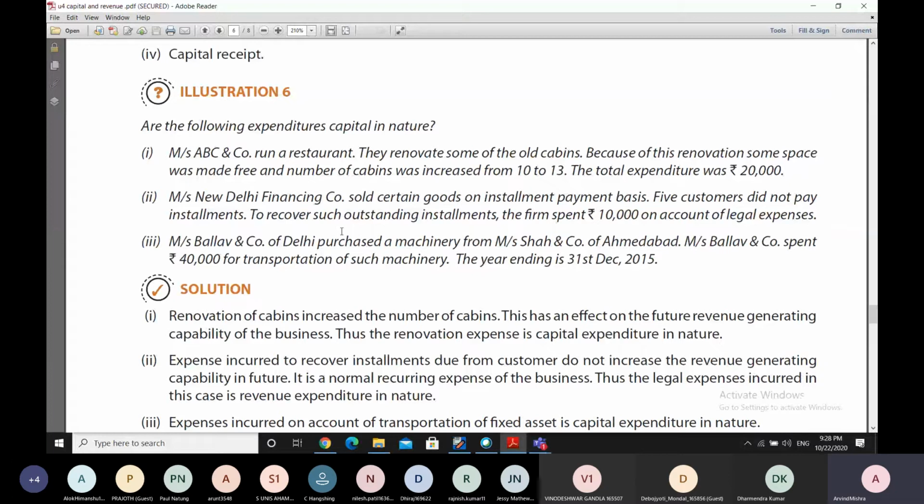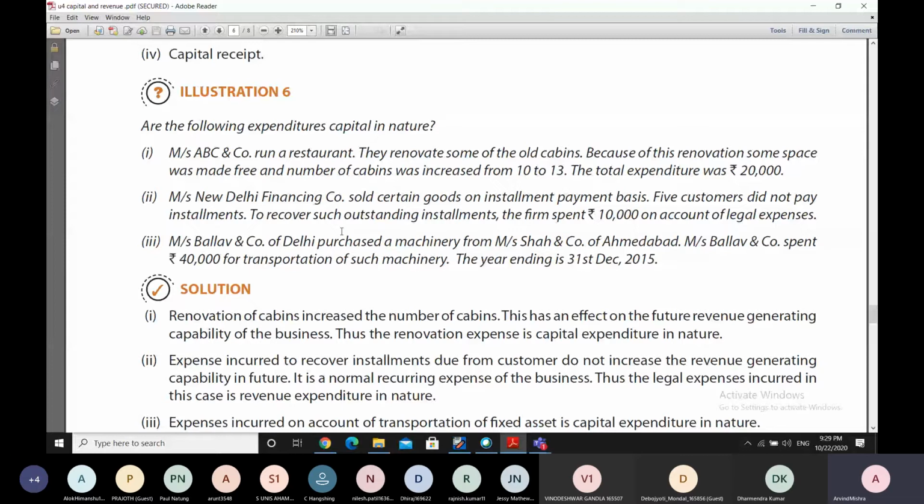We go to the second example. Messrs. New Delhi Financing Company sold certain goods on installment payment basis. Five customers did not pay installments. So to recover the outstanding installments, the firm has spent 10,000 rupees on legal expenditure.